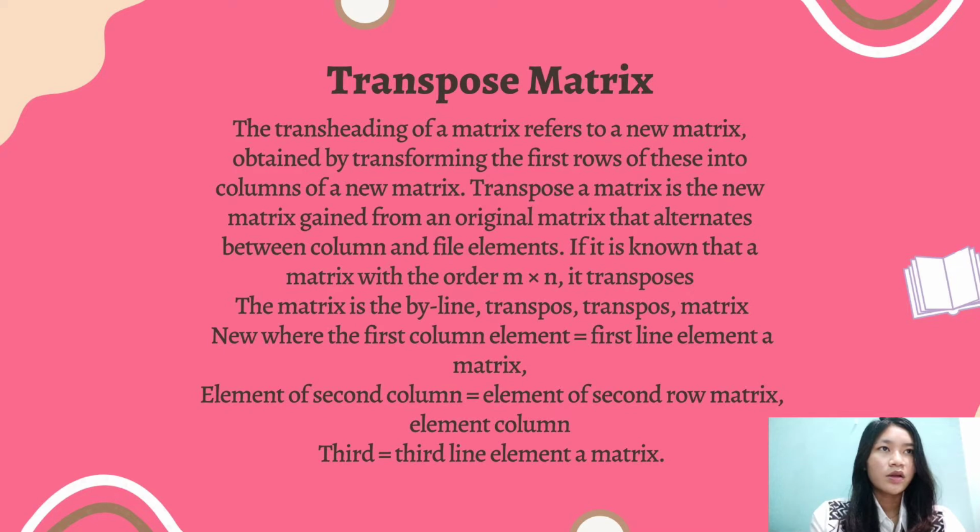If it is known that a matrix has the order m times n, its transpose is a new matrix where the first column elements equal the first row elements of the matrix, the second column elements equal the second row elements of matrix A, and so on.